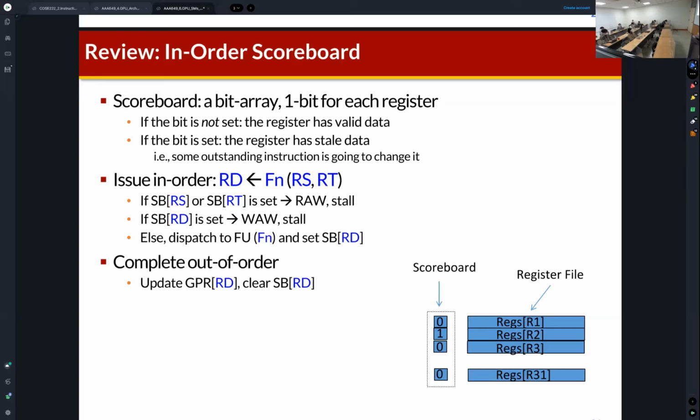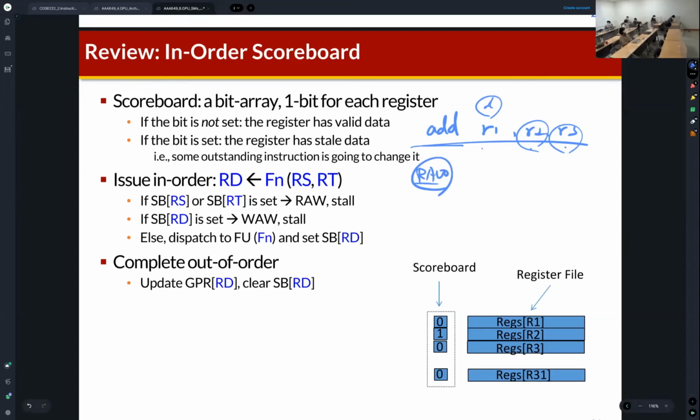So, like add R1, R2, R3. In this example, this add instruction has two source registers and one destination register, and the scoreboard checks the status of all these registers. So you have to check the RAW hazard. The scoreboard checks the status of the source registers R2 and R3, right?